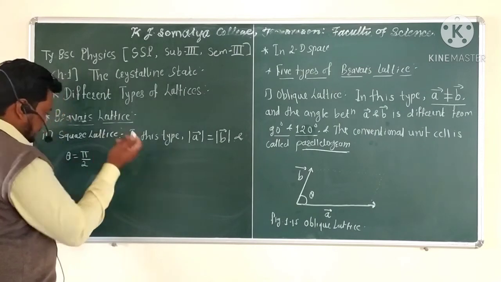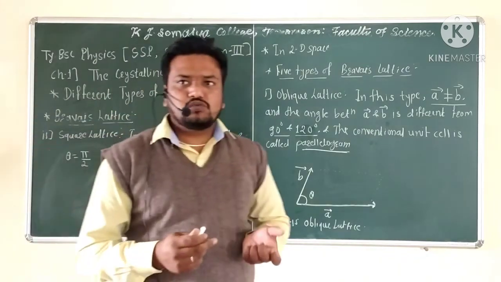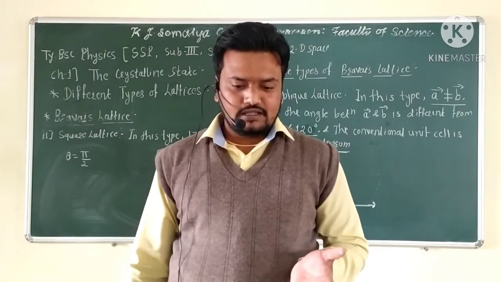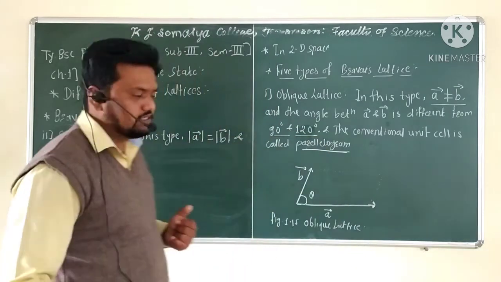Pi is 180, and 180 by 2 is 90 degrees, and the conventional unit cell is a square.